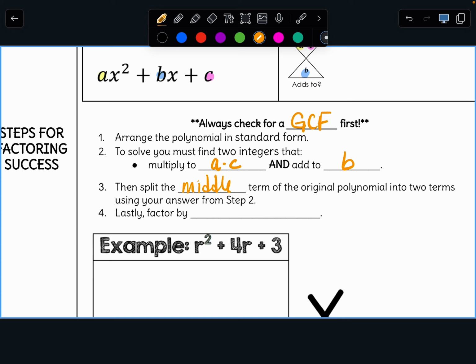Then you're going to split that into two terms and factor by grouping.